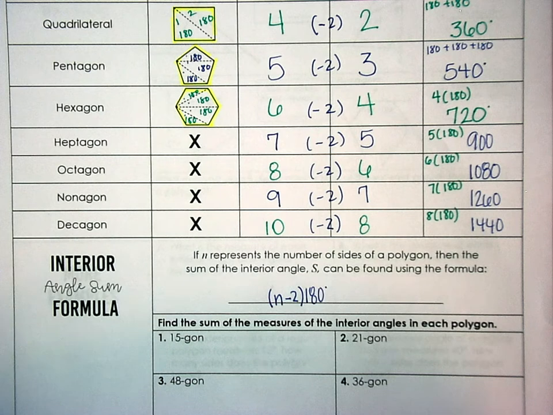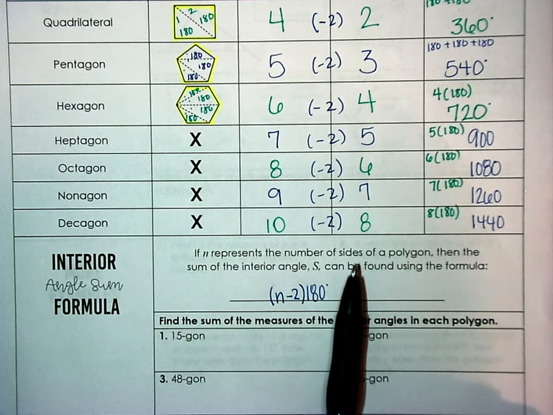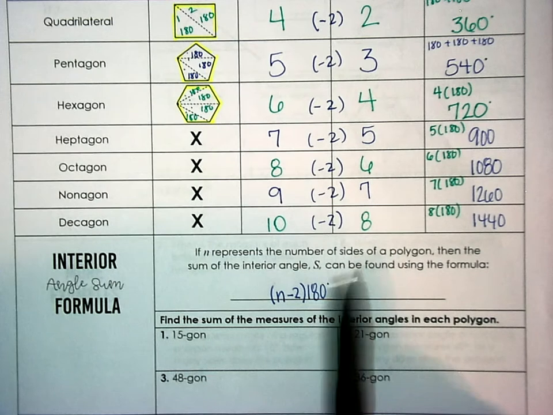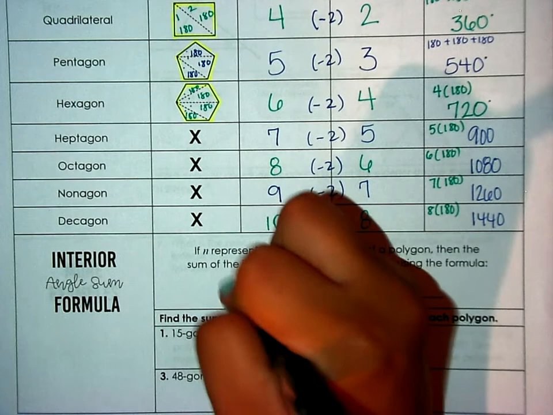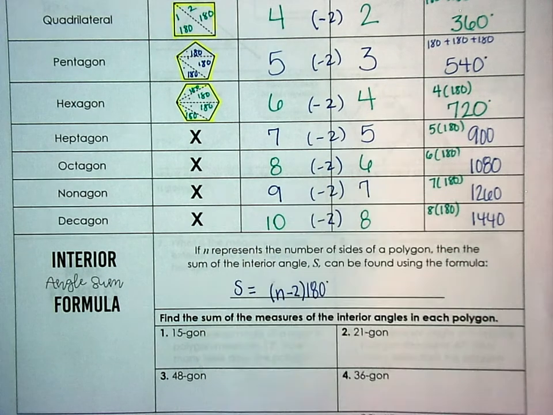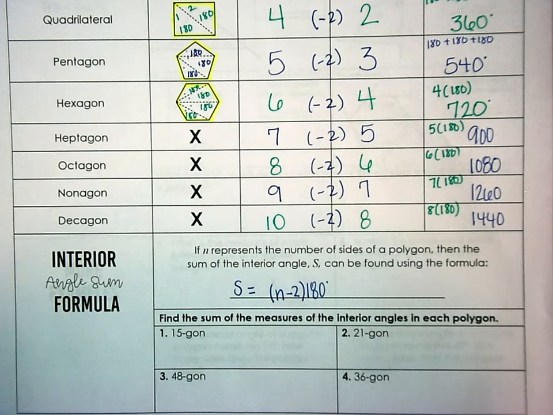So in the blank it says if n represents the number of sides, that's why I used n instead of x, because it's telling me here to use that, then the sum of the interior angles S can be found using this formula. They like to use S to represent the sum. So if I said, find the sum of the following numbers, all you have to do is plug in the number they give you.